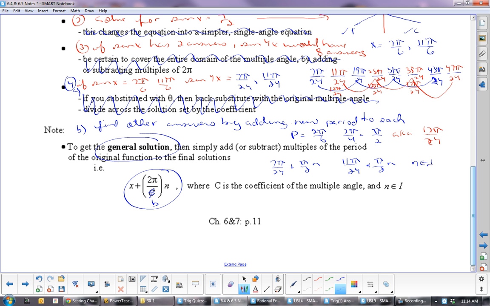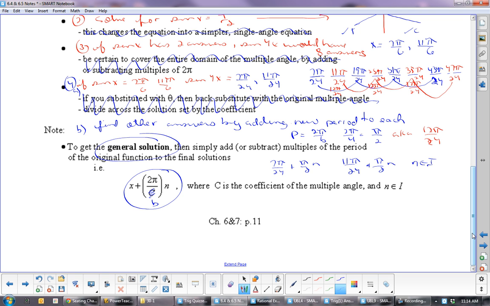N is in the integers. Okay. How's that look? Does it make sense?